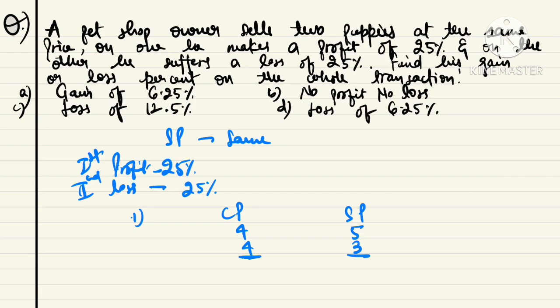It is mentioned that the selling price is same, because it is given in the question, sells the puppies at the same price, right? So we need to make the selling price same in both the cases. So what we can do to make it equal, we will multiply first by 3 and second by 5, right?